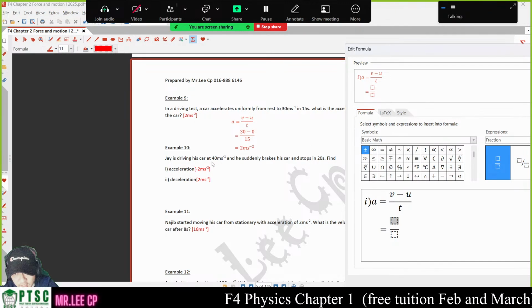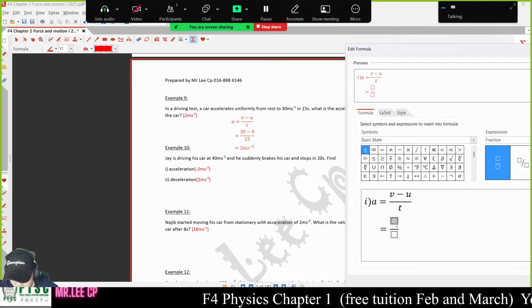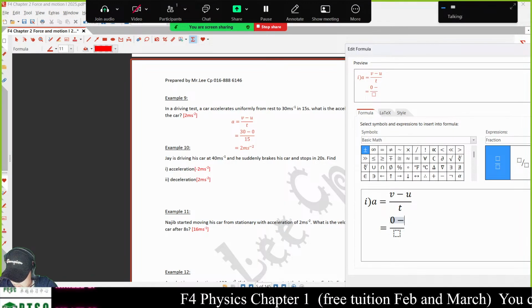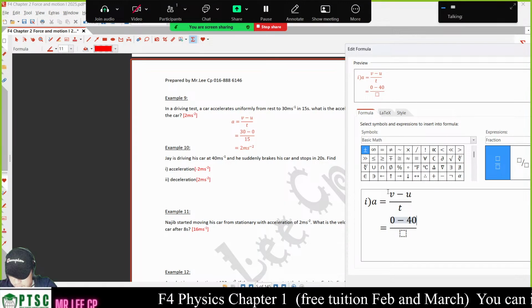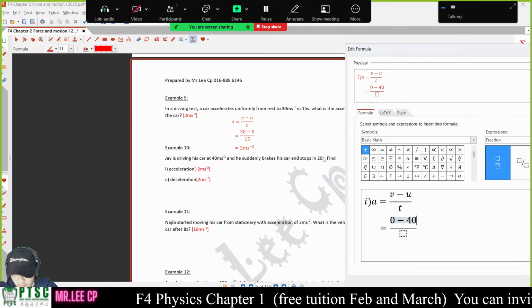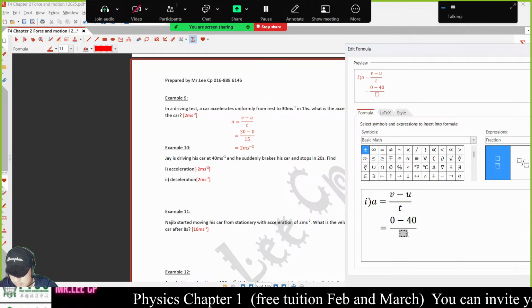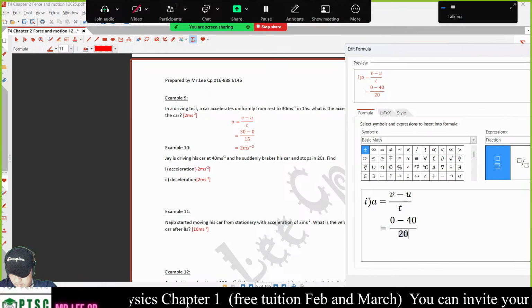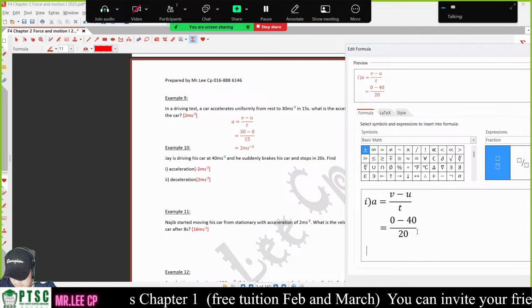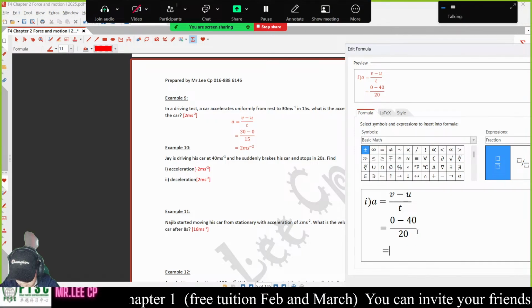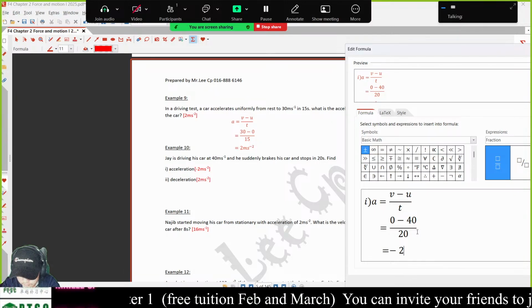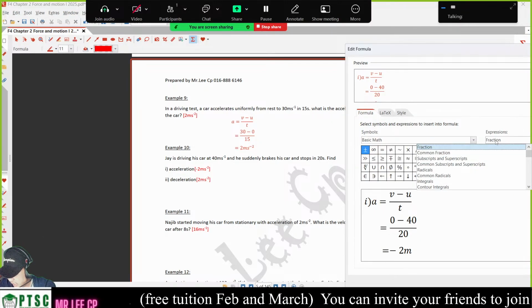This one is initial velocity, this is final velocity. Final velocity 0 minus initial 40 over the time taken, 20 seconds. So negative 40 divided by 20, answer is negative 2 m s negative 2.